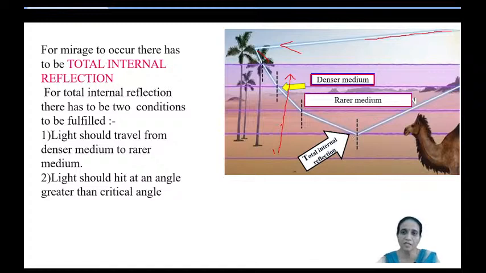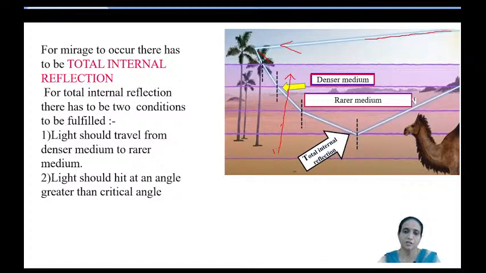You will see over here, this light will reach the observer, and once it enters the eye, the human brain perceives that light always travels in a straight line. Now the reflection of light is seen at the bottom. This is how the mirage is formed.